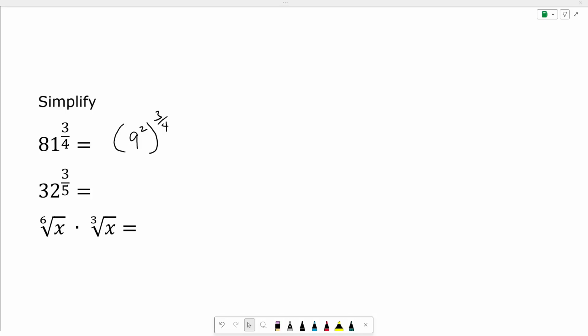So if I multiply these together, this is like saying 2 over 1 times 3 over 4. Remember, whenever you're multiplying with fractions, you can simplify these before we multiply. So I now have 9 to the 3/2 power.